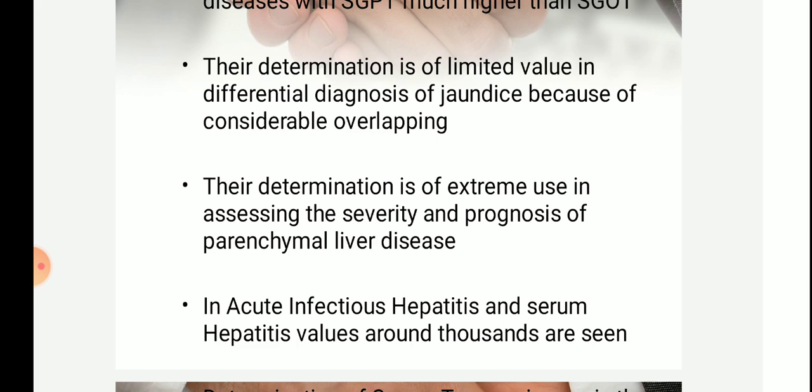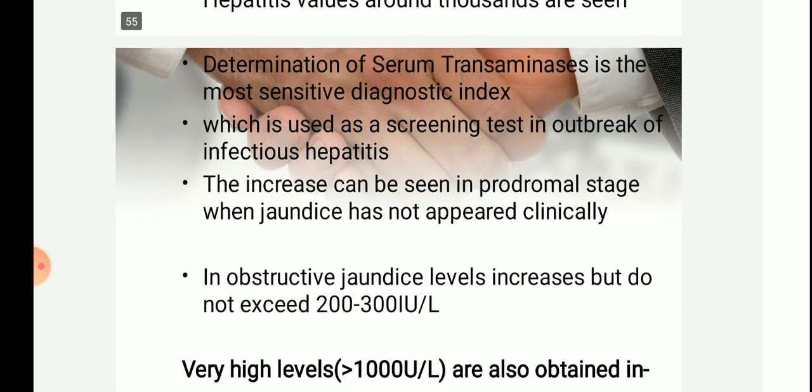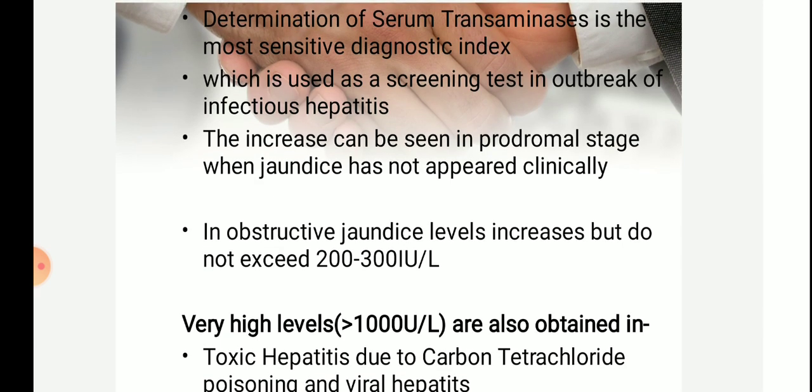See, huge levels, a huge increase in these levels of SGOT and SGPT, in thousands. Determination of serum transaminases is the most sensitive diagnostic index, which is used as a screening test in the outbreak of infectious hepatitis. The increase can be seen in the prodromal stage when jaundice has not appeared clinically.